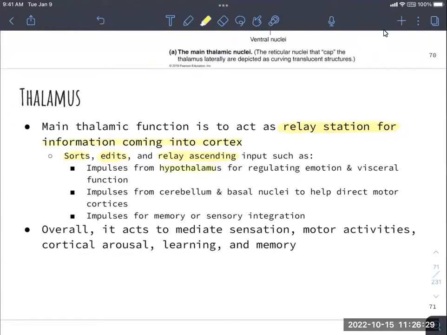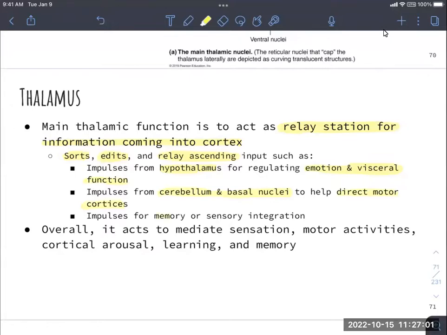So that hypothalamus helps to deal with emotion and your visceral function. So digesting of food, bladder, bowel functions, something coming from the cerebellum. And those basal nuclei, they're going to help direct those motor cortices.